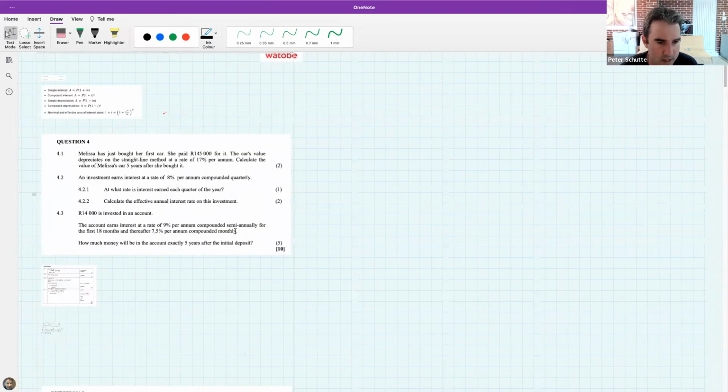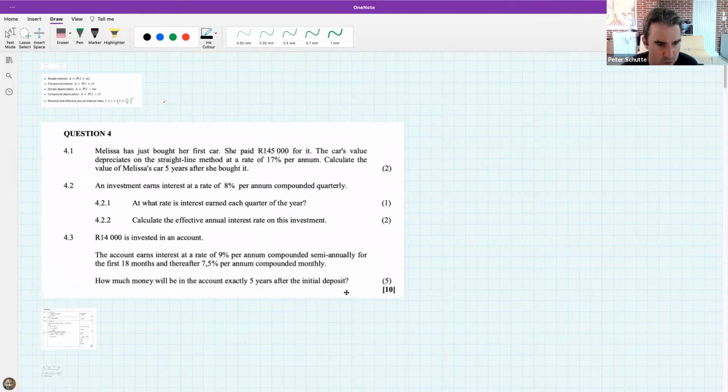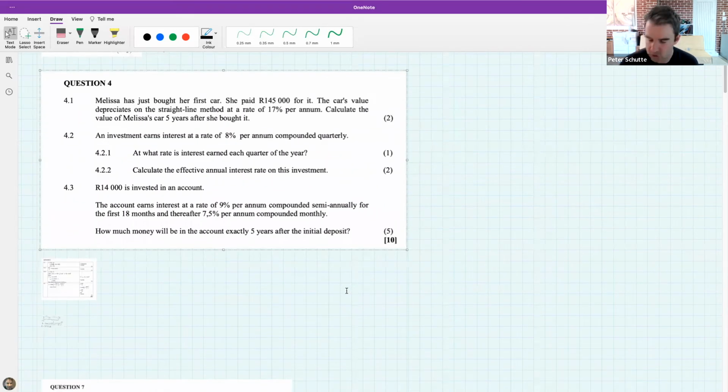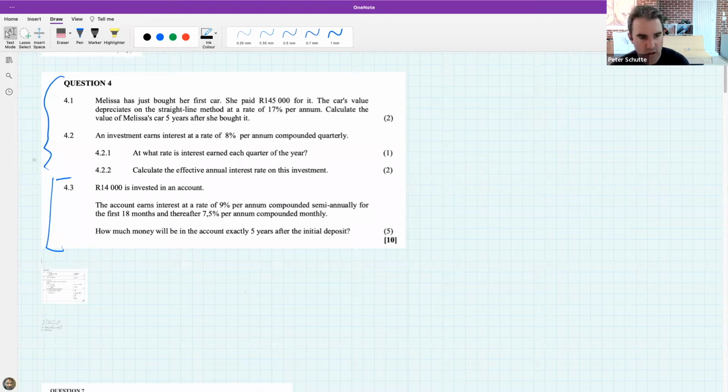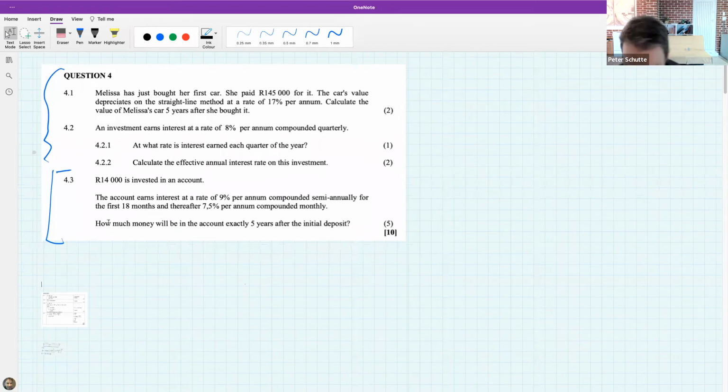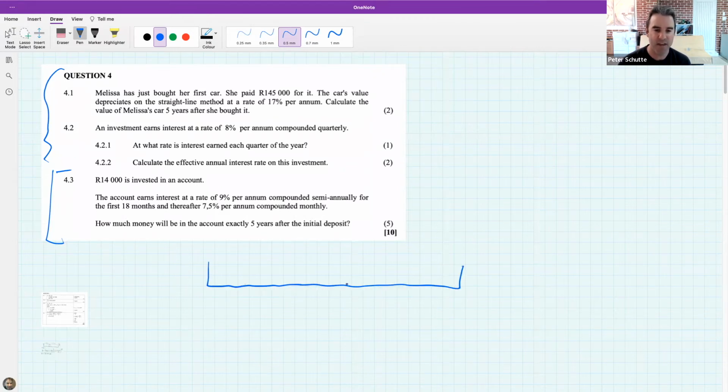So let's focus for a moment, we're going to ignore the top bit of the examiner question, and we're going to look at 4.3. I'll break it up into steps for you. I'm going to let you do this by yourself, but the first step is I want you to draw the timeline and think about important moments on the timeline.